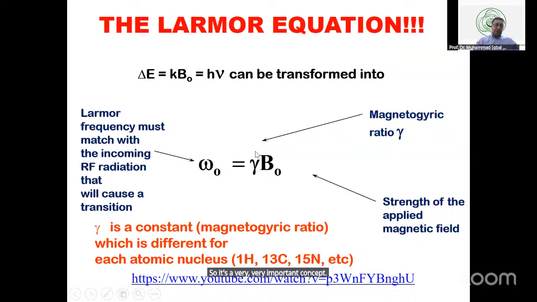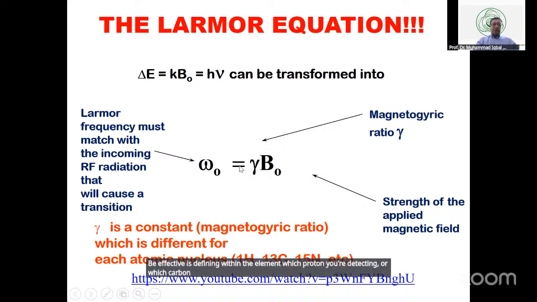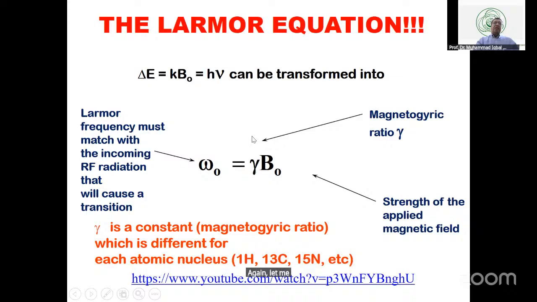While the magnetic gyromagnetic ratio defines which element you're detecting, B effective defines, within the element, which proton you're detecting, or which carbon you're detecting. Again, let me repeat it. The magnetic gyromagnetic ratio defines which element you can detect.